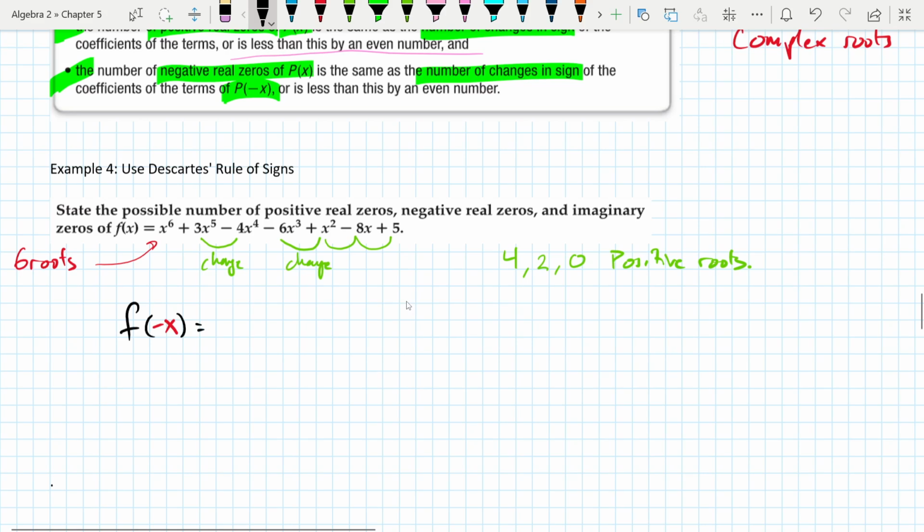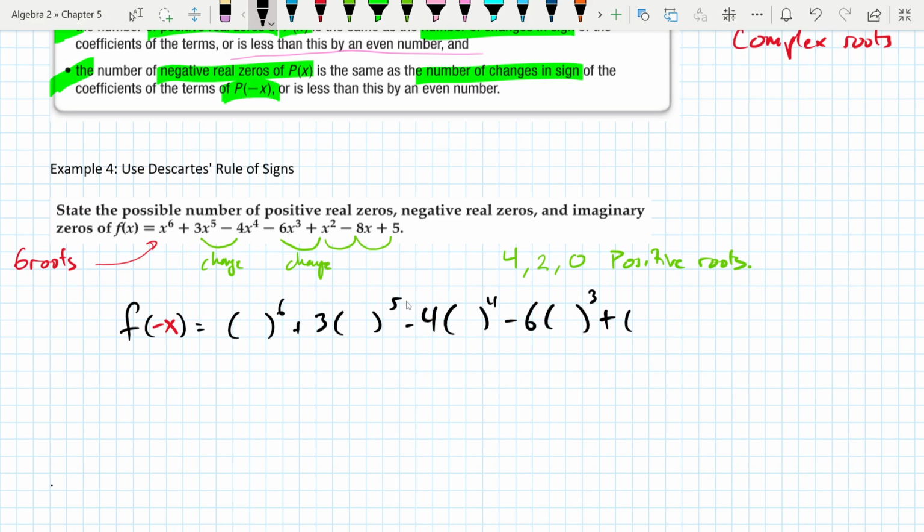Let me write it down real quick here: negative x to the 6th plus 3 times negative x to the 5th minus 4 times negative x to the 4th minus 6 times negative x cubed plus negative x squared minus 8 times negative x plus 5. So everywhere there's an x, instead of an x, I have a negative x.